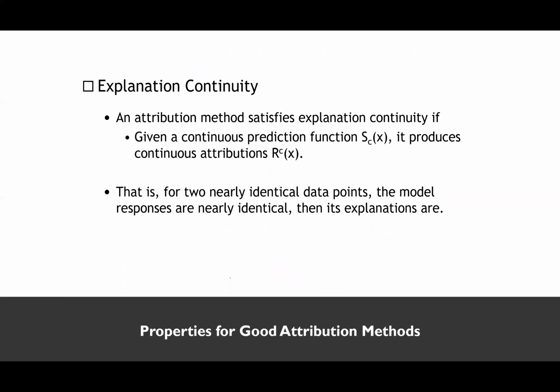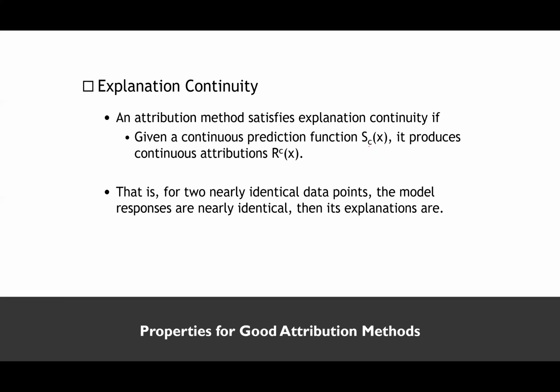To define the properties of a good attribution method, we need some definitions. The first one is explanation continuity. An attribution method satisfies explanation continuity if, given a continuous prediction function f_c(x), it produces a continuous attribution R_c(x).